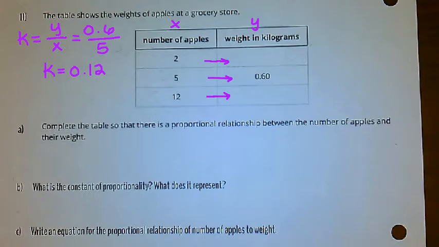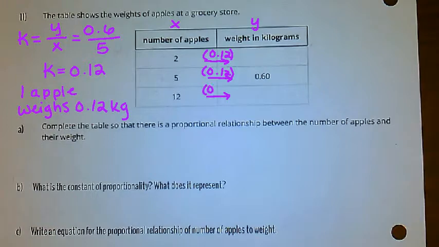So this means that 1 apple weighs 0.12, 12/100ths of a kilogram. So every time we are going to multiply by 12/100ths.